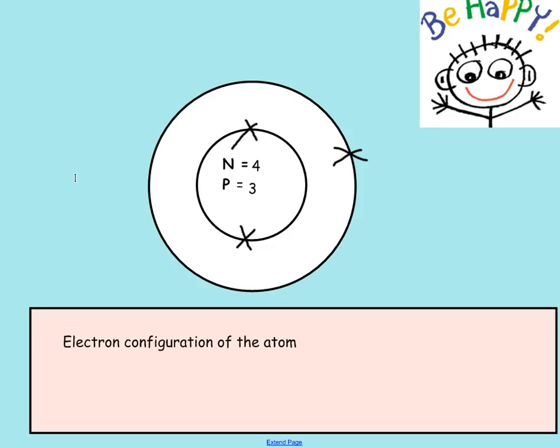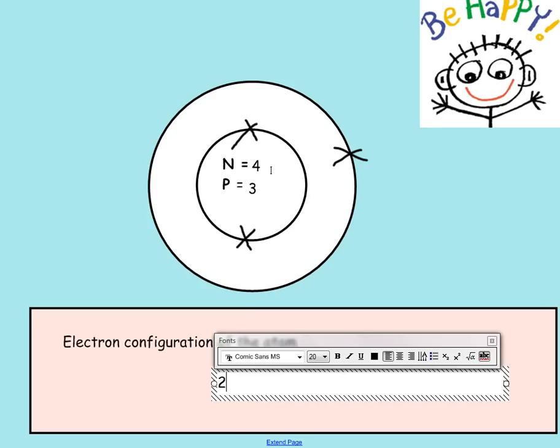That bottom number is always the number of protons and is also the number of electrons. The electron configuration of this then is 2, because there's 2 here, then 1, because there's 1 here. Now if I was doing a larger one, it could be 2, 8, 1.